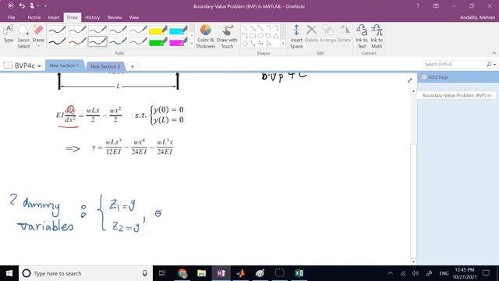So if I choose this, then I will take a first derivative from both sides of these two equations. That makes it z1 prime equals y prime, but y prime was z2, so I can say z1 prime is going to be equal to z2, right? Because y prime is z2.